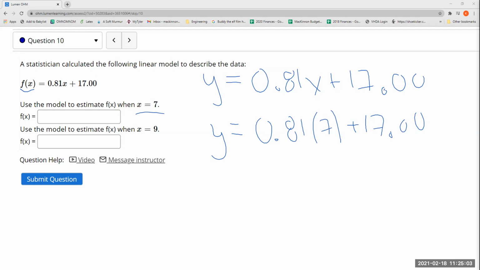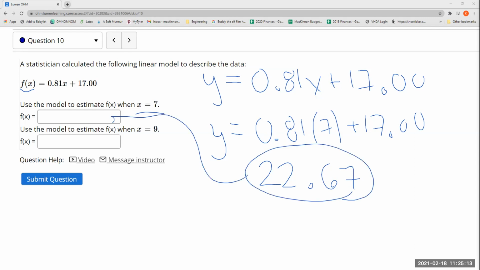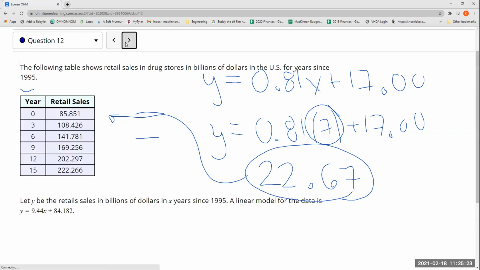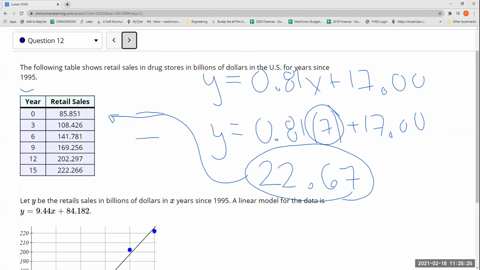And we get 2267. Okay. And this is our estimate for here. For when x equals 9, the only thing we would do is change this 7 to a 9 and type that in. So make sure that you do that. And let's do 12, and then we will call it quits from there.